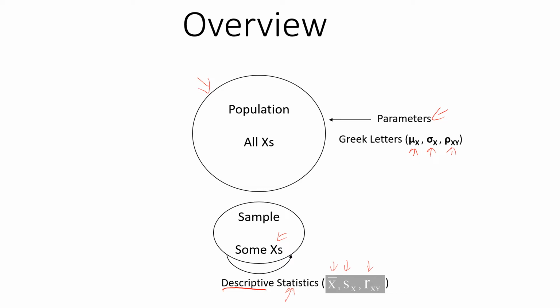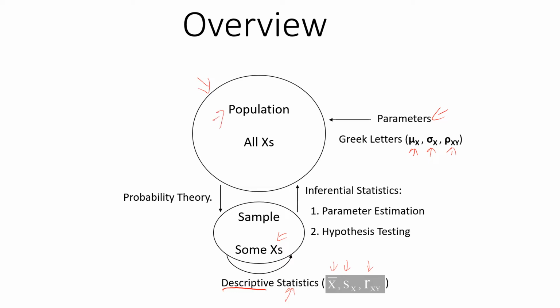But we're not interested in the sample, we're interested in the population. So what we do is we do inferential statistics. We take our sample and our descriptive statistics of the sample, and we use probability theory, which we will come back to in the second segment after we get done with this first segment.